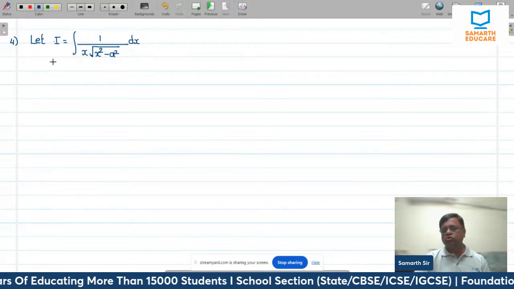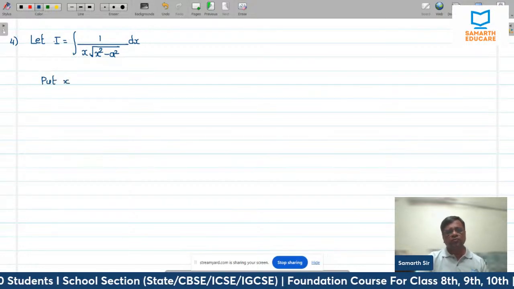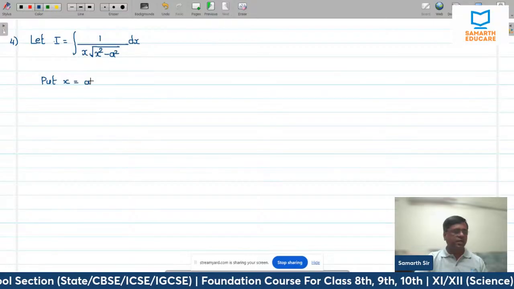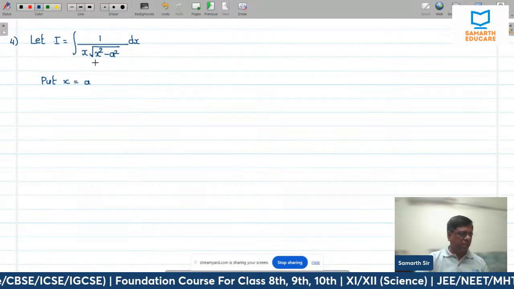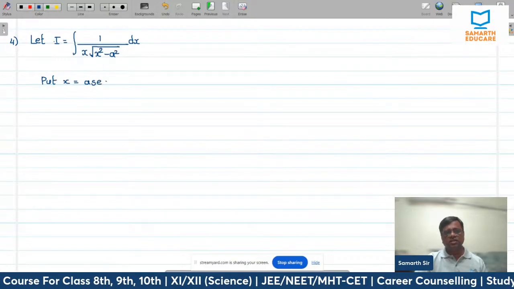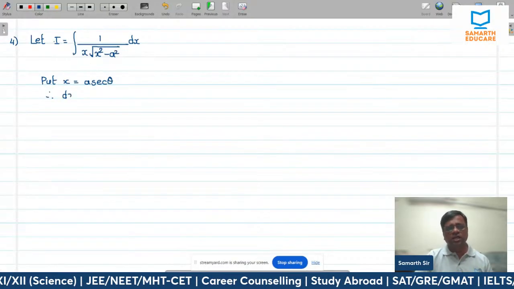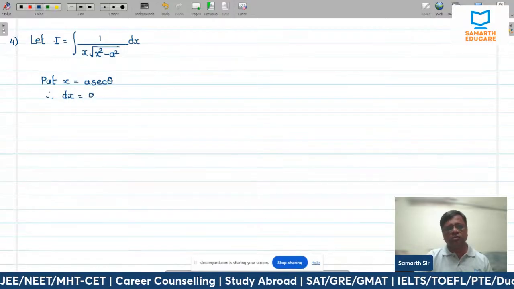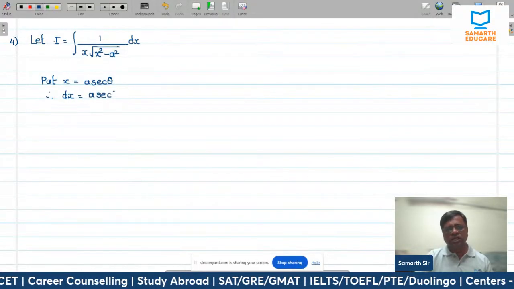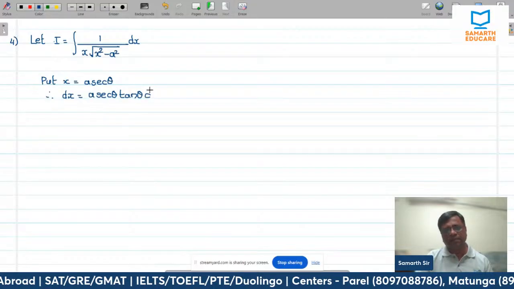Right, as usual, what we have to do is standard substitution, put x is equal to a sec theta. Whenever you see x square minus a square, this substitution is standard, x is equal to a sec theta. That means the derivative of x, 1 into dx, is equal to the derivative of sec theta, sec theta into tan theta d theta.